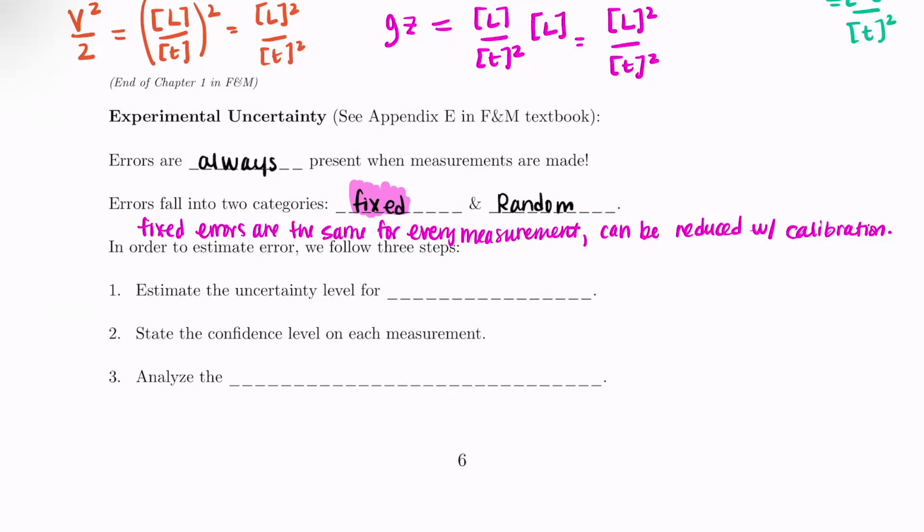On the other hand, random errors are errors that are non-repeatable. You cannot remove them, and they're different for every single reading, okay?